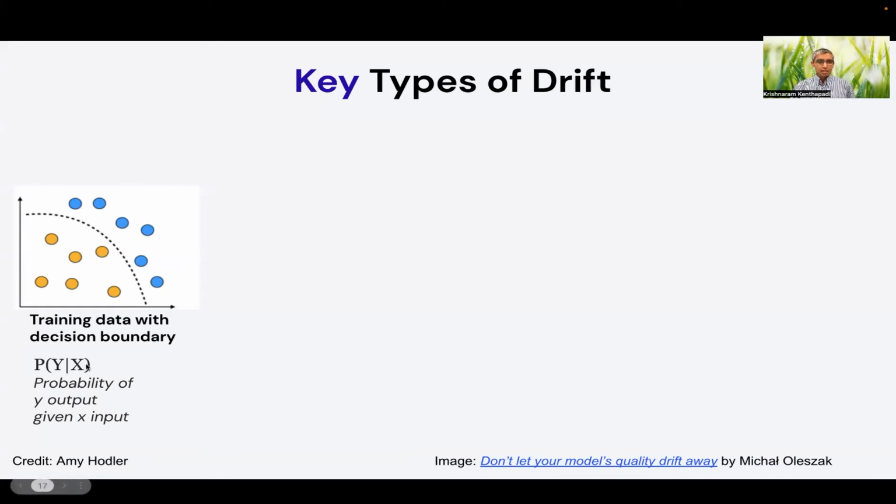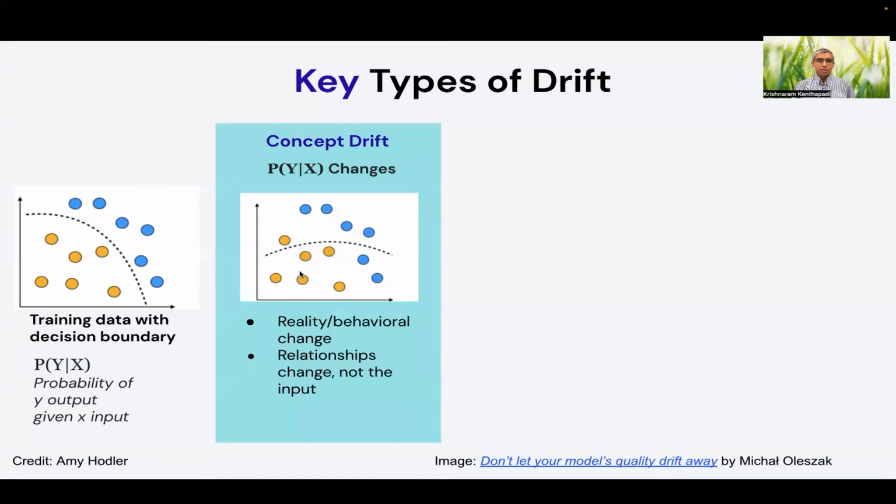Let's consider the probability of the target variable, in this case, the color of the circle, given the input X, which is represented as the feature vector here. First type of drift is what's often called concept drift, or sometimes real concept drift. Here, the relationship between the target variable and the input features changes.